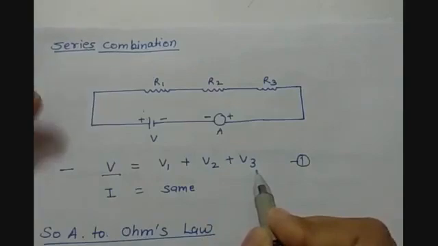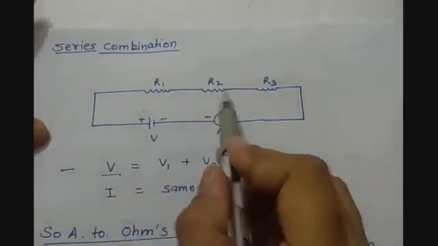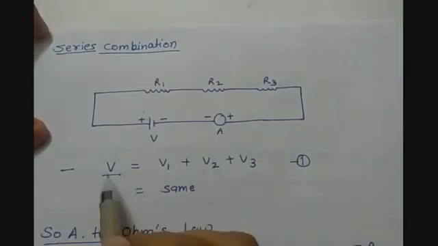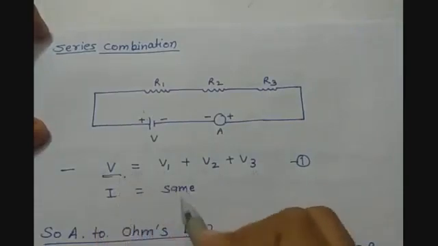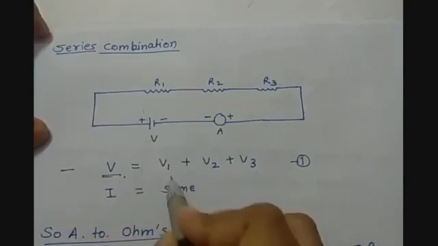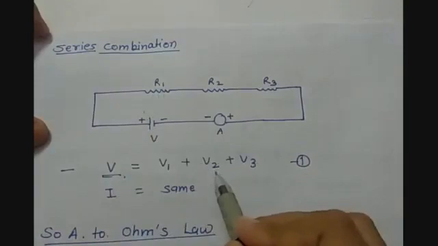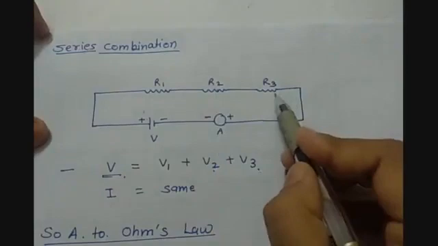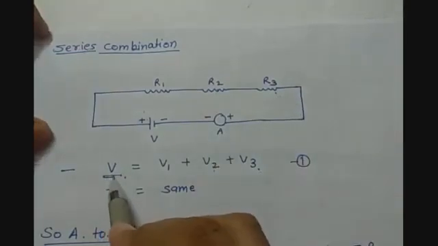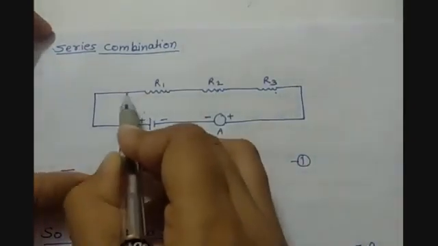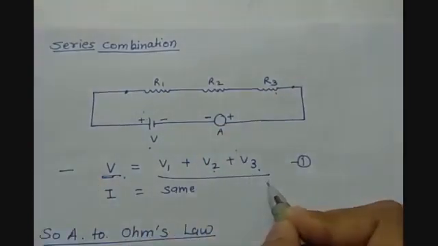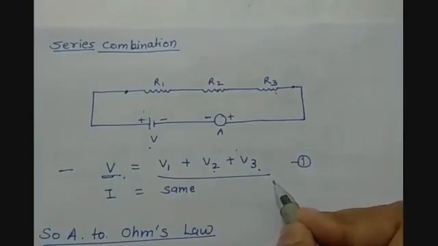We found out that different resistors have different potential differences across them, but the total potential difference is the same. That means if V1 is the potential difference across R1, V2 across R2, and V3 across R3, then the total potential difference applied across the ends of the conductor will be the same as the sum of individual potential differences across each resistor.